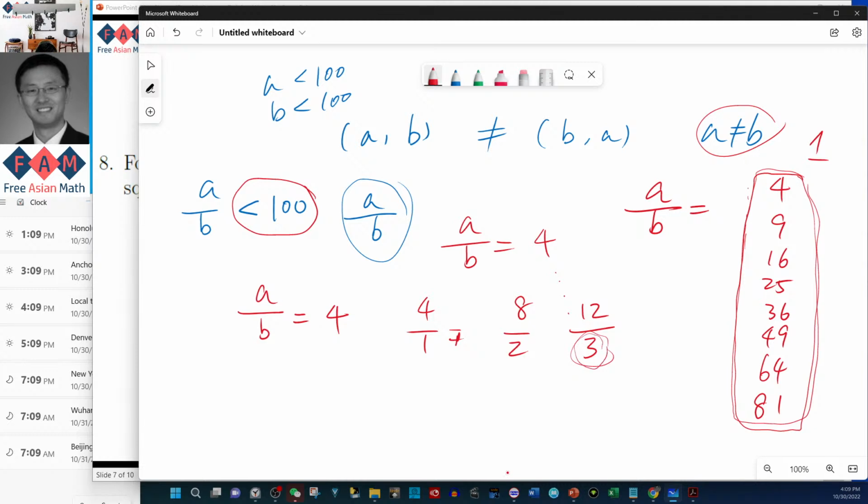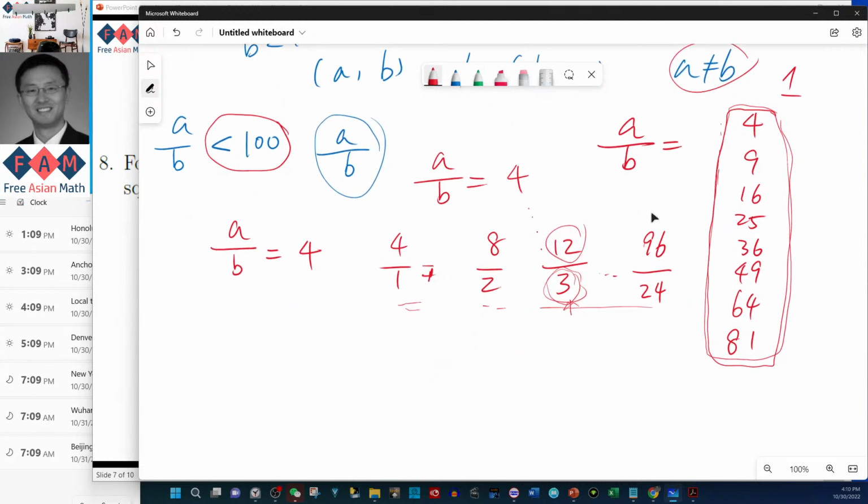So the way to do it is to choose the denominator first, then see that the numerator cannot be over 100. So you go all the way through. If it's 24, the maximum you can go is 24. You cannot be 25, otherwise you will be at 100. So that is 96. And you just count how many in the denominator, because that's an easy way to count. So clearly you see 24 for this case.